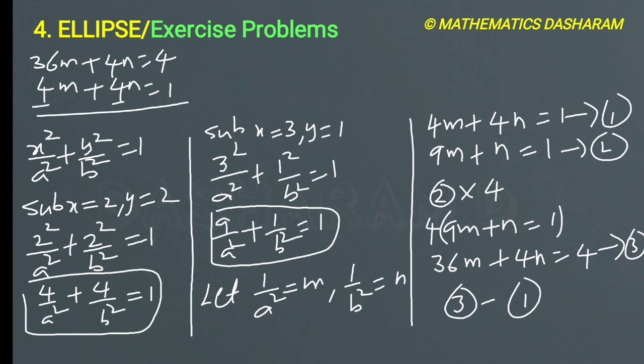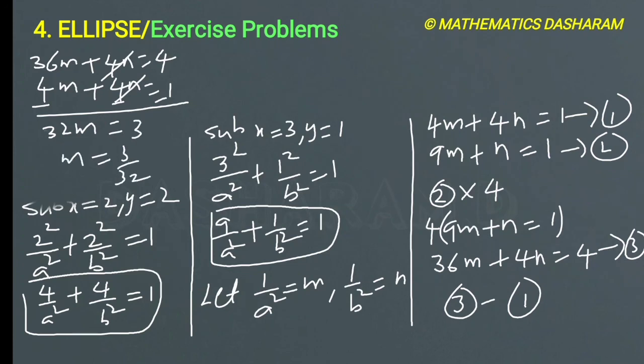Now change the symbols. 36 minus 4 is 32m, and plus 4n minus 4n cancel. It equals 3. Then m equals 3 divided by 32.